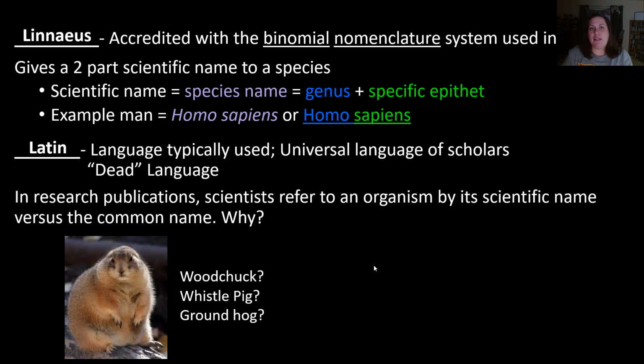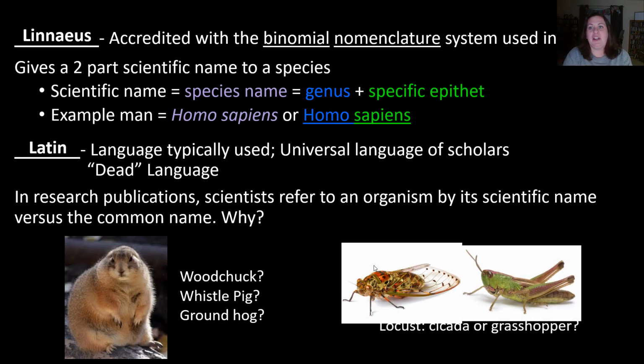And so we should use those scientific names. Another example here is locust. If we say locust, is it a cicada or is it a grasshopper? It depends on what part of the world you're in. Certain parts of the world, when you say locust, they picture a grasshopper in their brain. Others, if you say locust, they see a cicada. So it depends. Because of this confusion, we need to use the Latin scientific names.